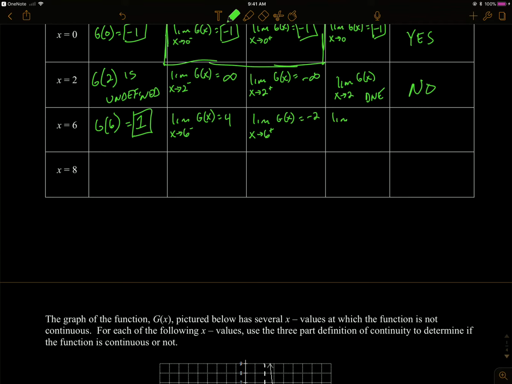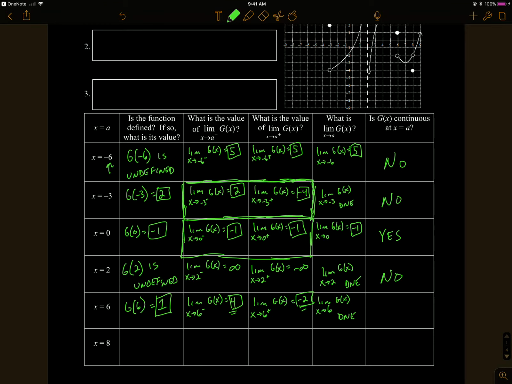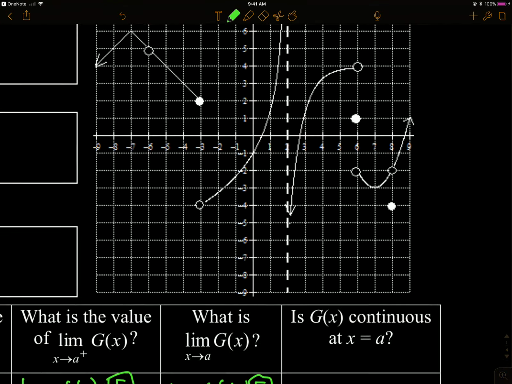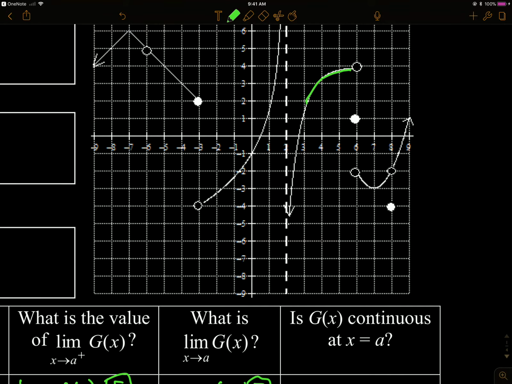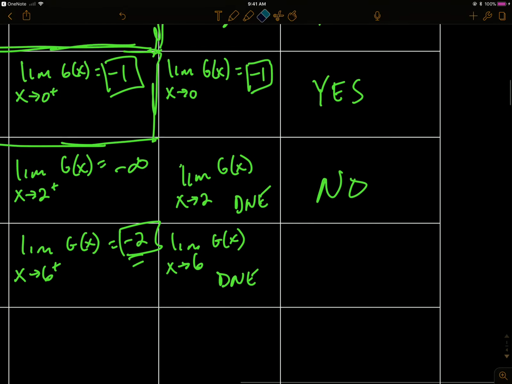So that implies that the limit as x approaches 6 of g of x does not exist, because the 4 and the negative 2 from each side disagree. If I look at the graph at 6, I'm tracing the graph, and I do have to pick up my pencil to plot that and pick it up again and come back down here. So it is definitely not continuous.